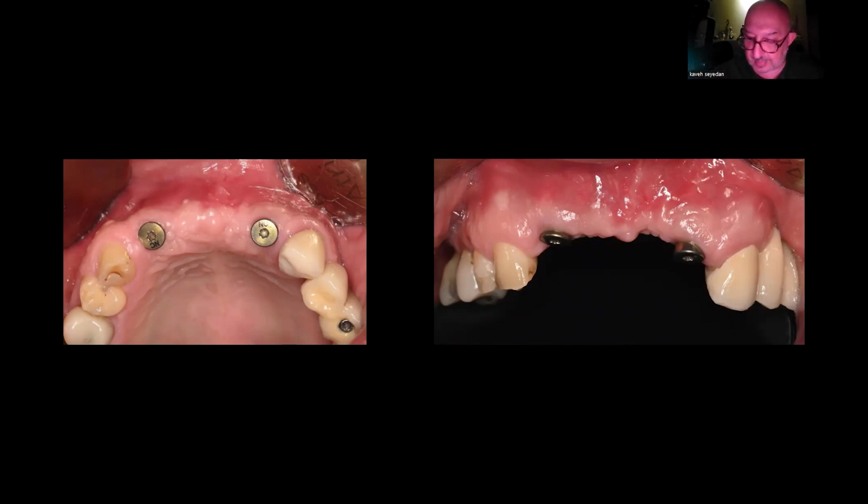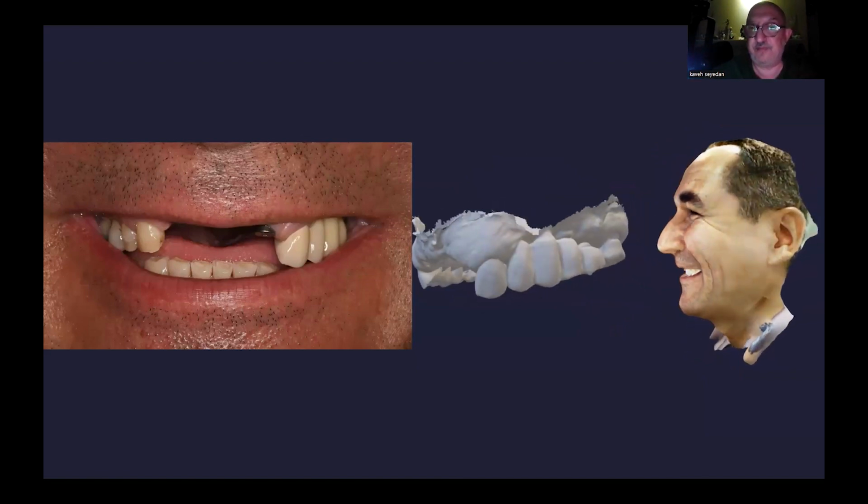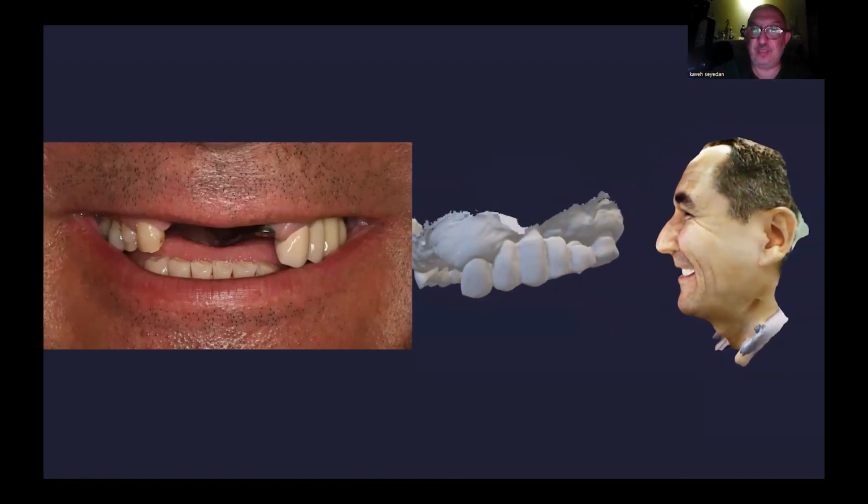But if you take a photograph of the patient smiling, and if you do a face scan, then you can realize that there's a big problem here between the left and right side of this patient. If you just fabricate and scan it and send it to the lab, the final result would not be aesthetically acceptable.